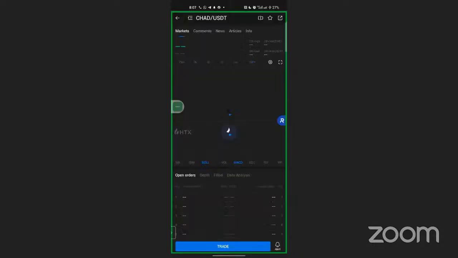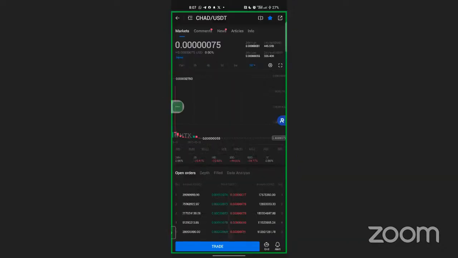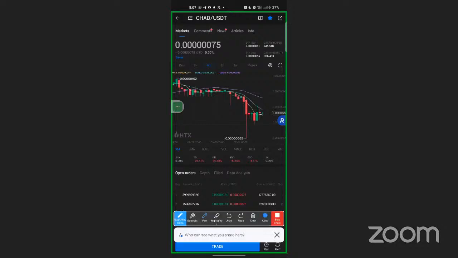I'll pick a card here, and I'm going to pick the moving averages. This one will not work. It doesn't have good data. But then you'll find that HTX uses multiples of 5 that we discussed the other time.